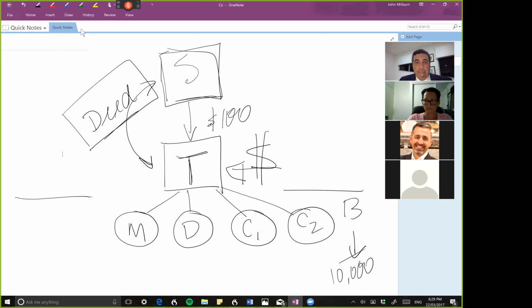Okay. But John, at the same time, if it's in the deed that the trustee has discretion not to distribute those funds, then they have the right not to distribute them, don't they? Yes. So thank you, Erin. What we're looking at there is the difference between the exhaustive and the non-exhaustive discretionary trust. In an exhaustive discretionary trust, all of the income by dividends or interest, etc., or trading income must be distributed.